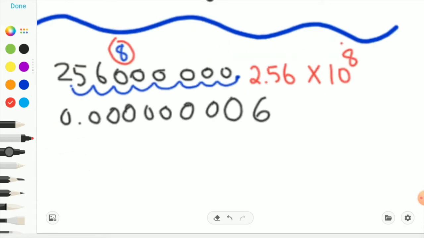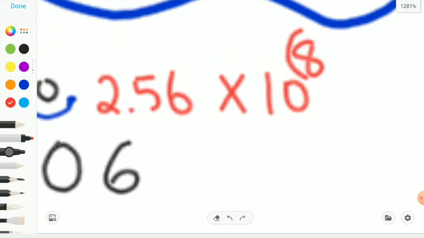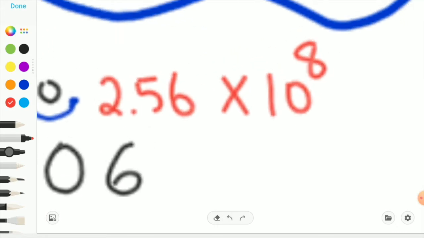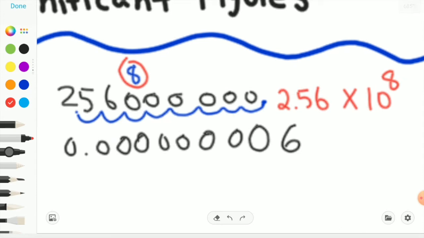See how this n value, or this exponent, is a positive value? What you basically did was make this huge number small so that it can fit into the scientific notation. But when you're expanding the scientific notation, you're making it bigger, so the exponent should be positive.